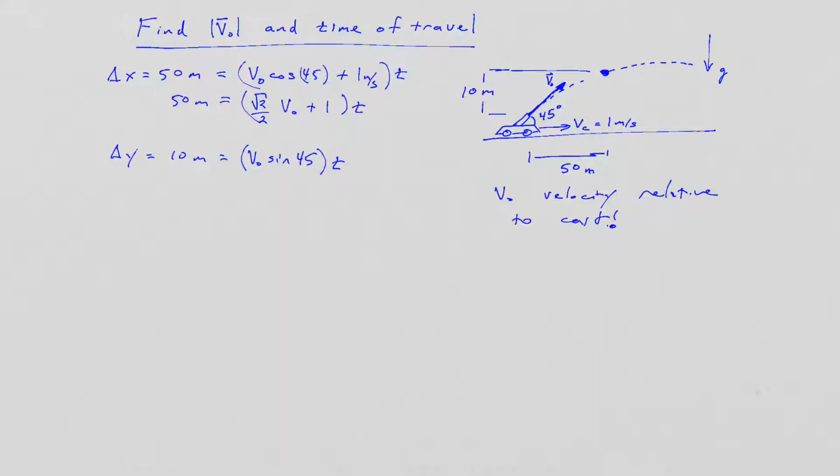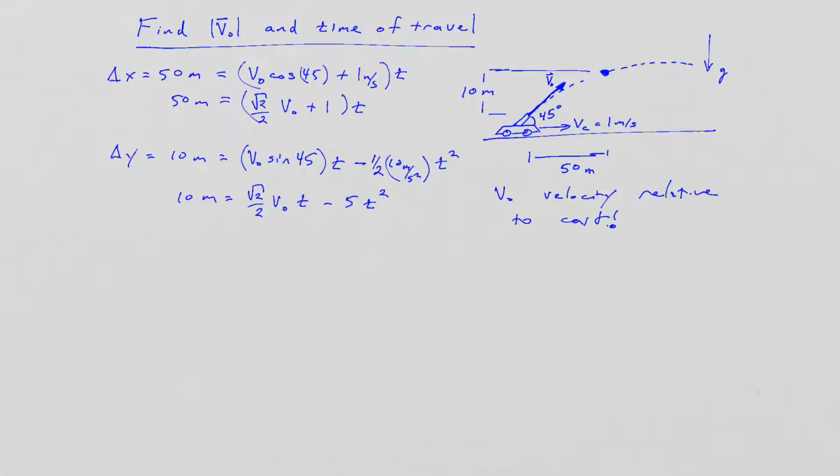Then we have to deal with the acceleration of gravity, and that's acting downward, so it actually acts to slow the vertical velocity. So that would be minus 1/2 10 meters per second squared times time squared. Once again, we can simplify this a little bit by taking out this 45. Sine of 45 is, again, root 2 over 2, so root 2 over 2 V0 t minus 5t squared.